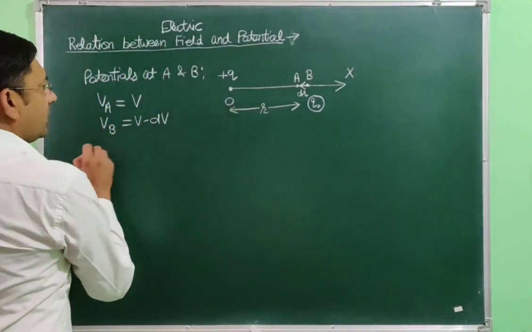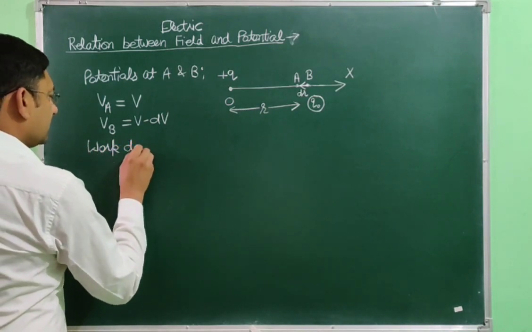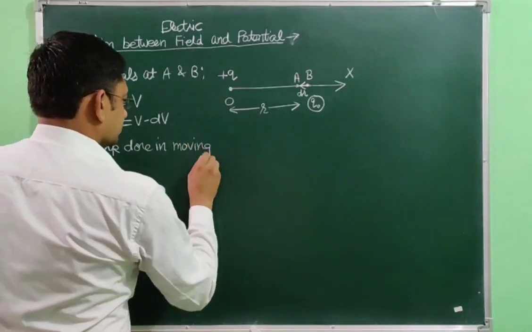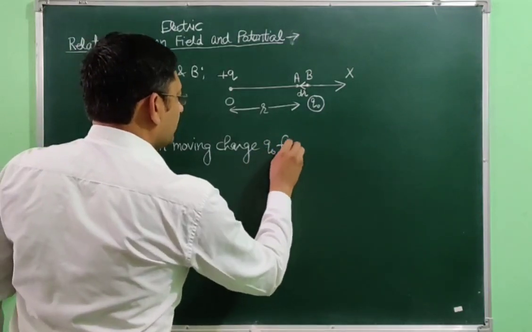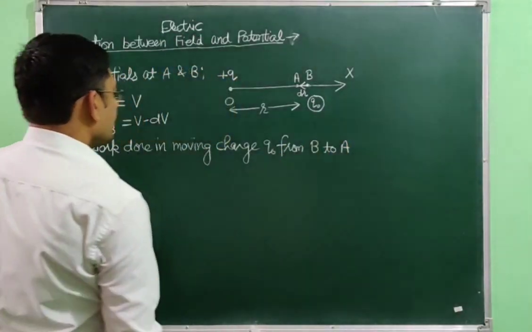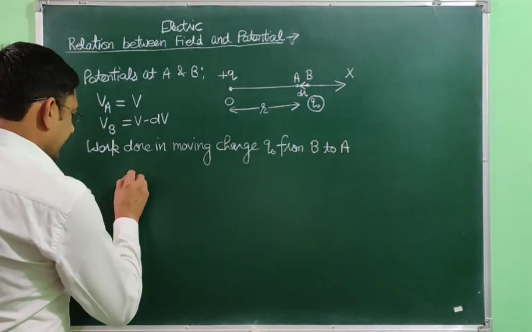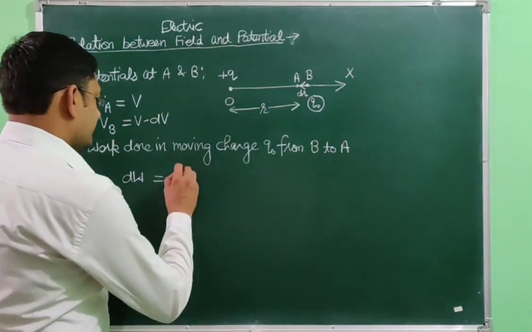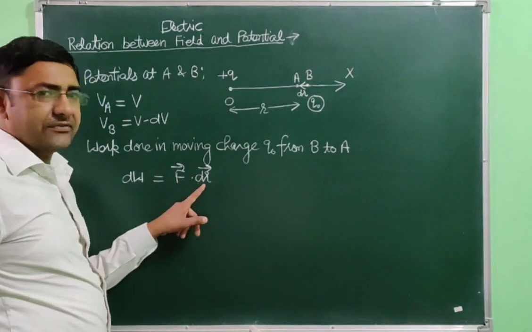So work done in moving charge Q0 from B to A. So this is a very small distance, so work will be very small. So I am taking that work dW. So dW equals work equals force into distance, and I can write in vector notation F dot dr.